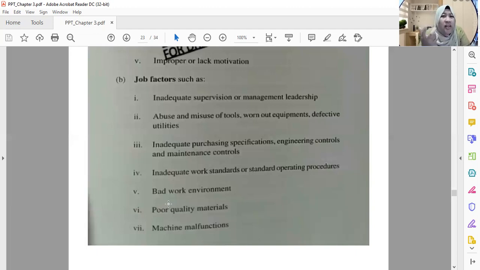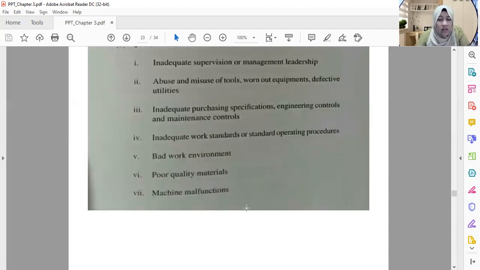In terms of quality, instead of choosing grade A because of the budget, and the top management keeps harassing us not to go over budget, you switch from grade A to grade C as long as you can perform the product or serve the services. So it can be poor quality materials, and of course the machine will malfunction.